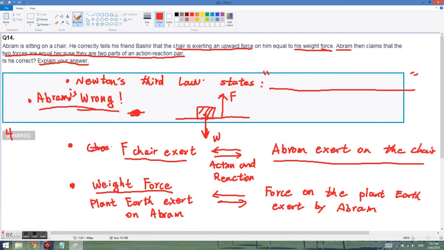So Abraham is wrong. In the exam, you get 1 mark to mention Newton's third law. You get another mark to mention that Abraham is wrong. Another mark to mention the action and reaction pair for the force exerted by the chair, and you get another mark to mention this.